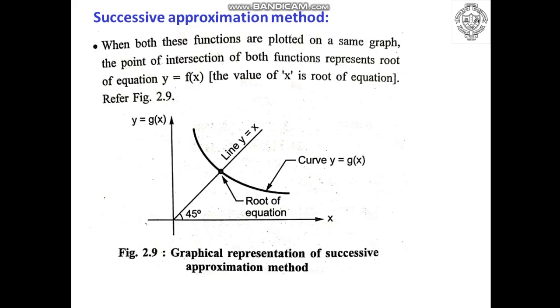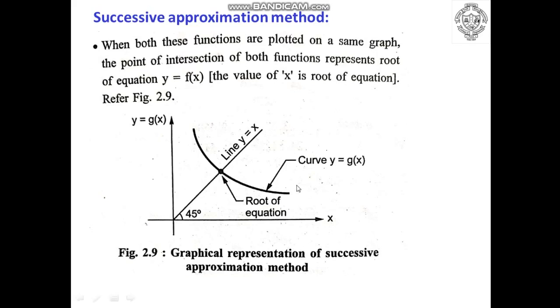When the function y is equal to g of x and another function y is equal to x intersect at a single point, represented by this location, that point will be considered the root of the equation, because this curve crosses the equation y is equal to x at this point.